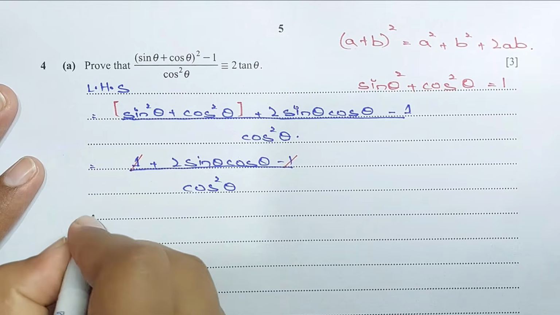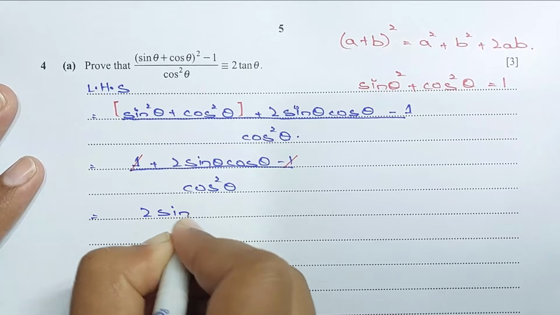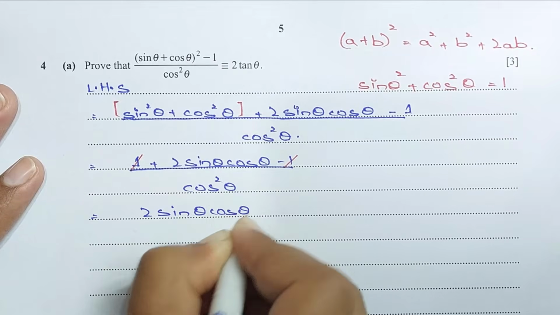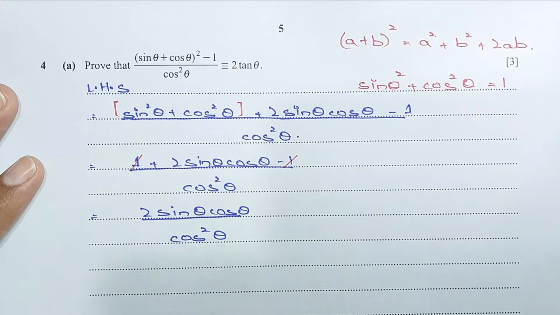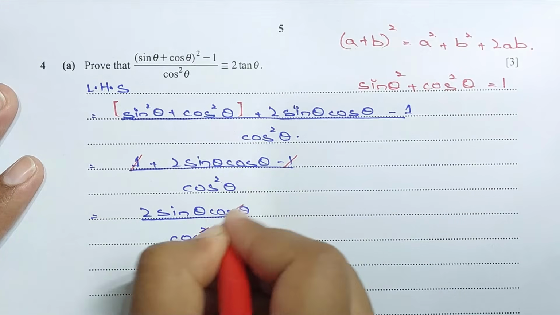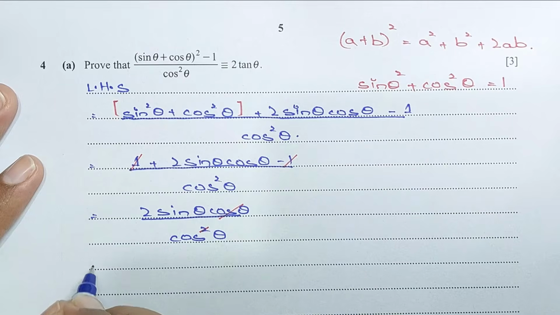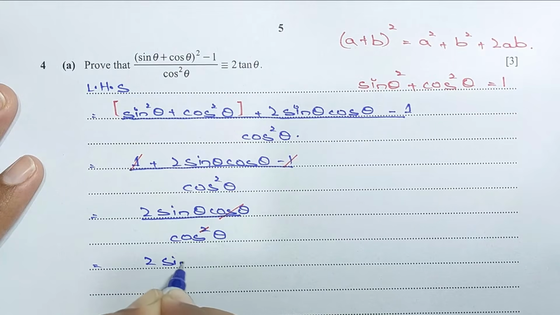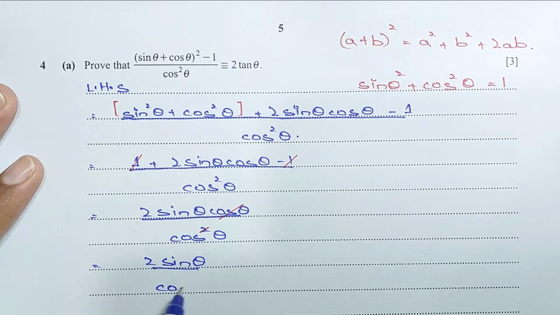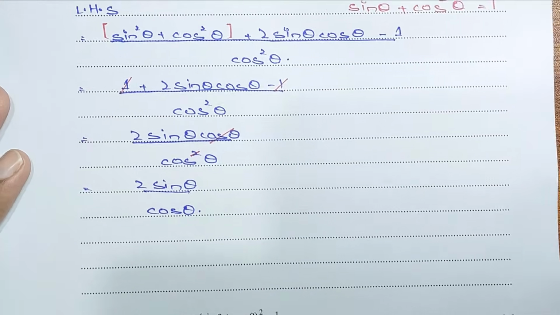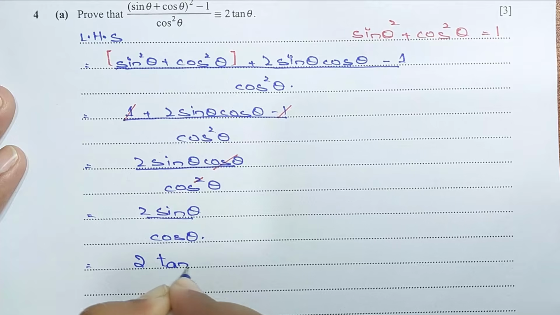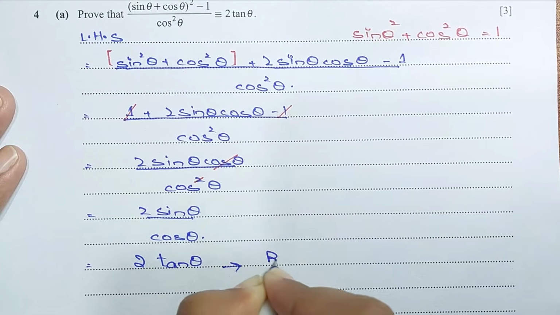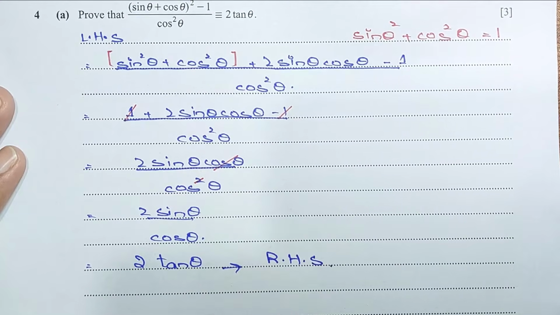We are just left with 2 sine theta cos theta divided by cos square theta. Now cancel the cos with this cos and we are just left with 2 sine theta over cos theta. And sine over cos is tan theta. So this is 2 tan theta. This is my right hand side. It is proved.